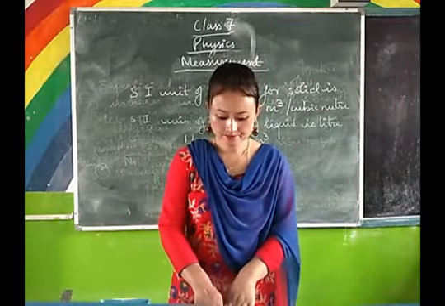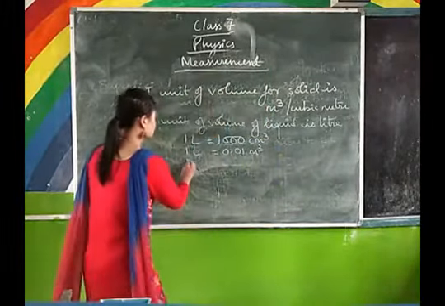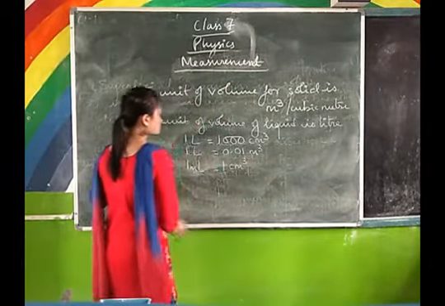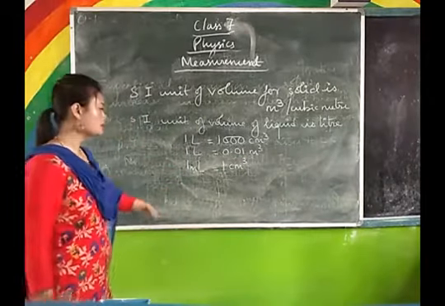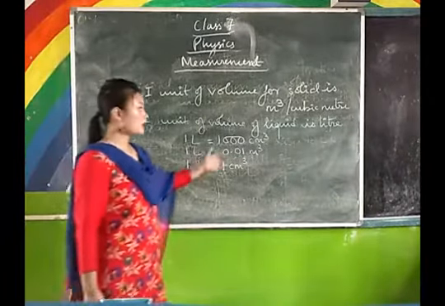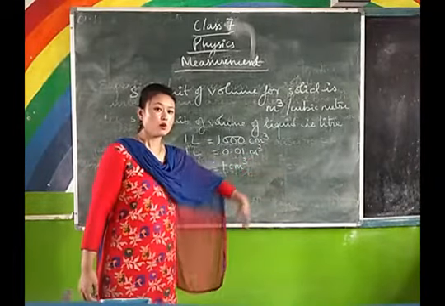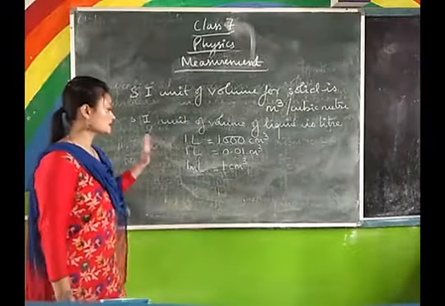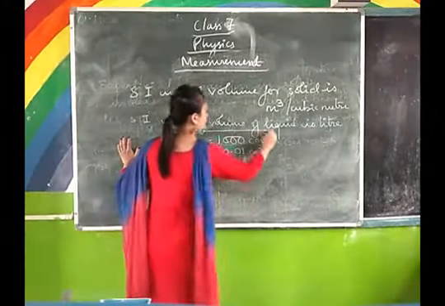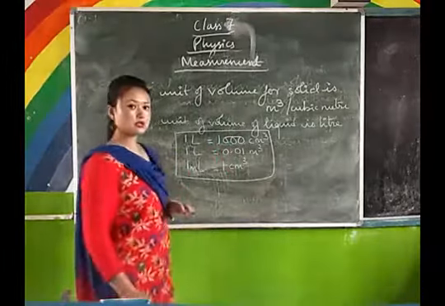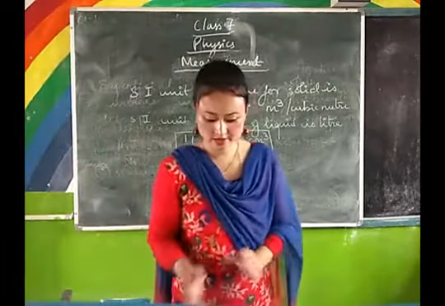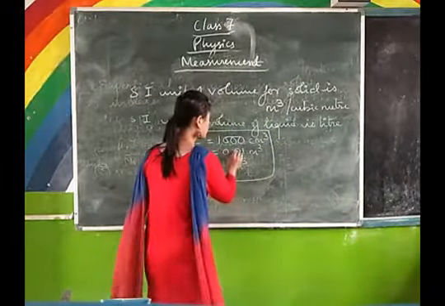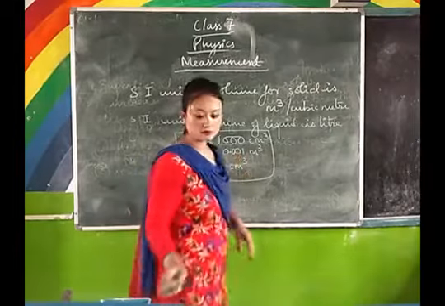And 1 milliliter equals 1 cubic centimeter. You need to remember these relations if you ever have to convert liter into cubic centimeter, or cubic centimeter into liter.